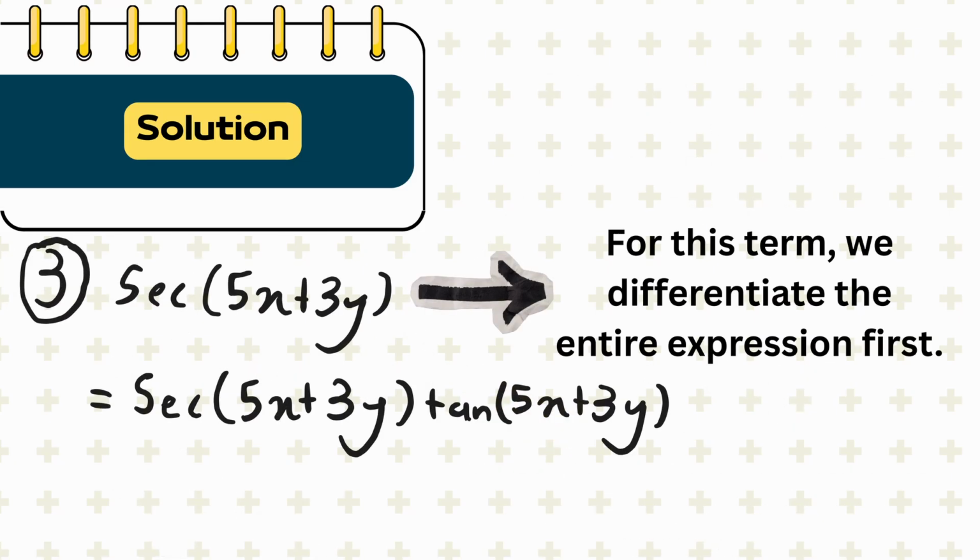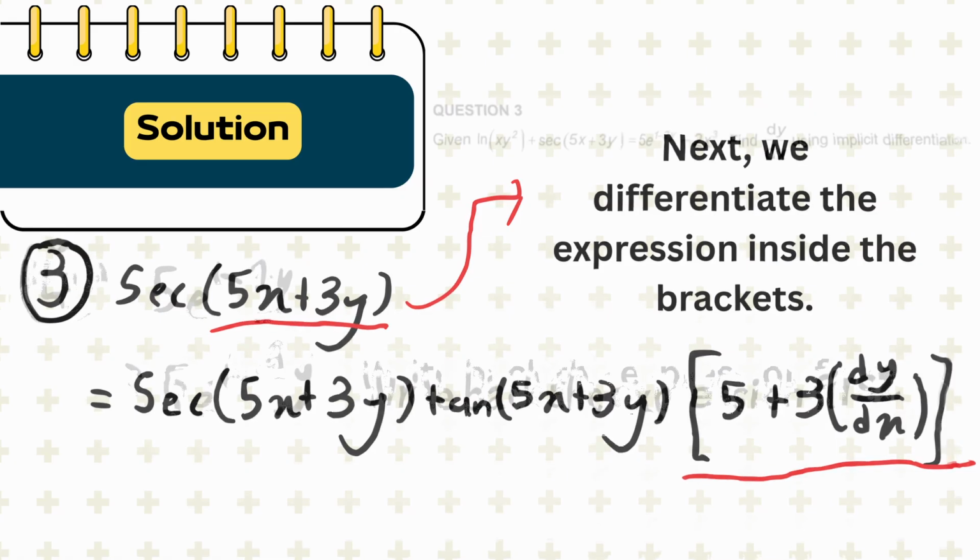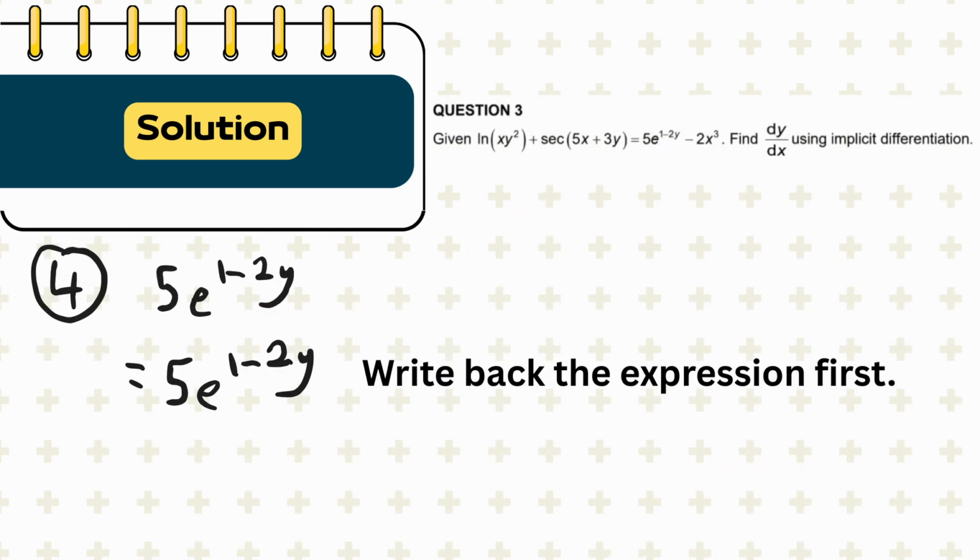Moving to the second term, we differentiate the entire expression first, which gives us sec(5x + 3y) tan(5x + 3y). Next, we differentiate the expression inside the bracket, which gives us 5 plus 3 dy/dx. For the right side, we look at the exponential term. Write back the expression first, which is 5e^(1 − 2y).